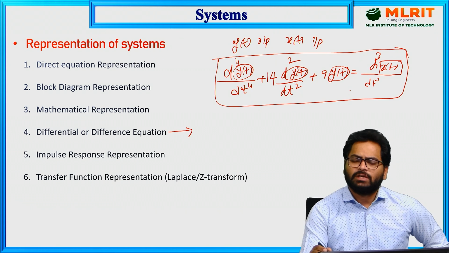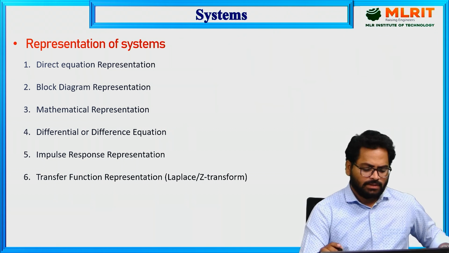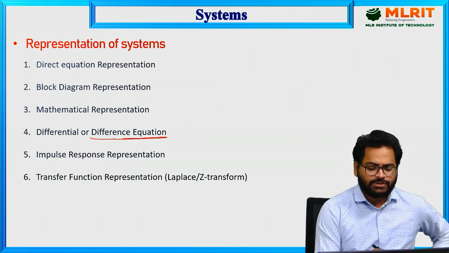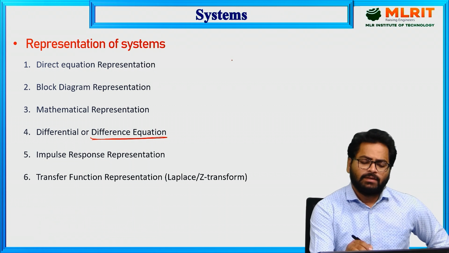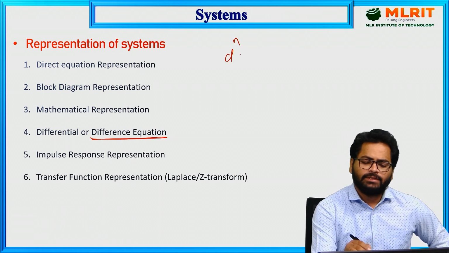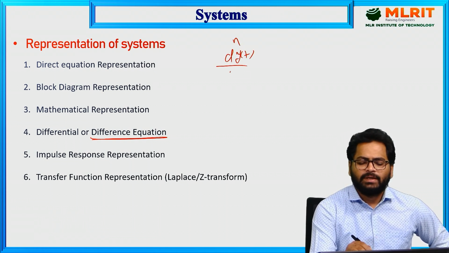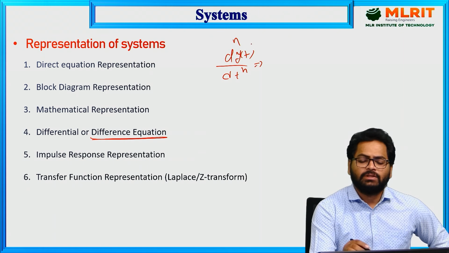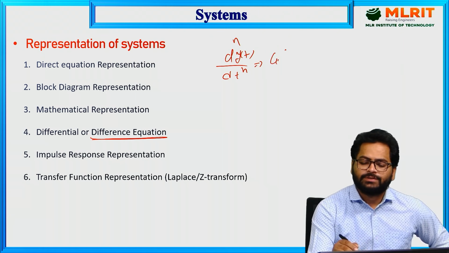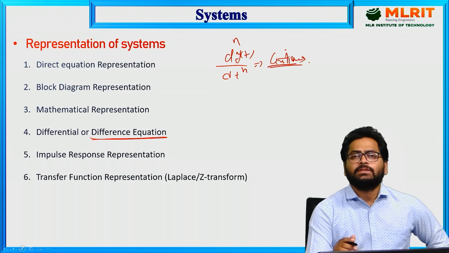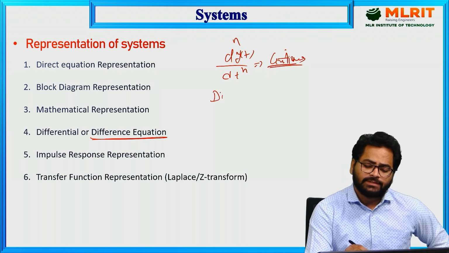So we can take this as a system example. Next, difference equation. When I write d power n Y of t by dt power n, this is the continuous domain. Difference equations are for discrete signals.